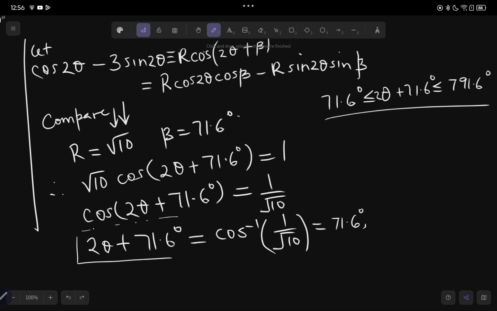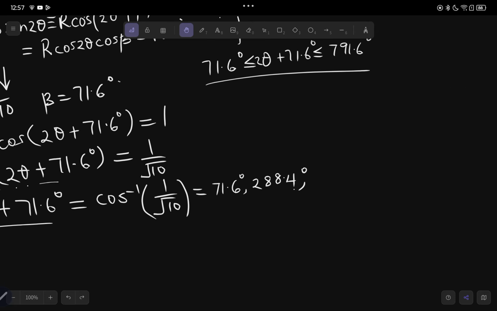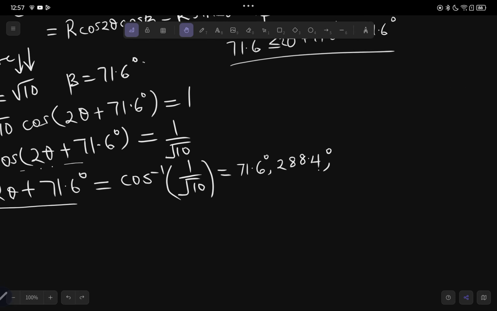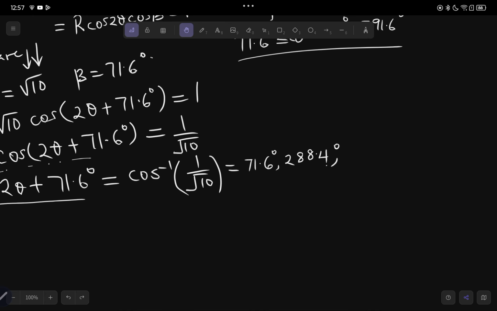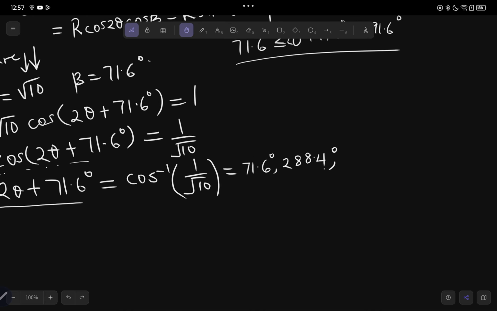Then we also look at the fourth quadrant where cos is positive, which is 360 minus 71.6, and it gives us 288.4. Now these ones are between 0 and 360.